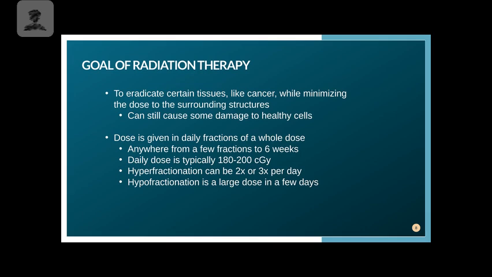So they could come back twice a day, or once in the morning, once at lunch, and once in the afternoon for 3 times. Now, if we do hypofractionation, this is going to be a very, very large dose over just a few days. So instead of coming for 6 weeks, they may come for like 7 or 8 days. And so we will increase the amount of dose they receive at each of those fractions.